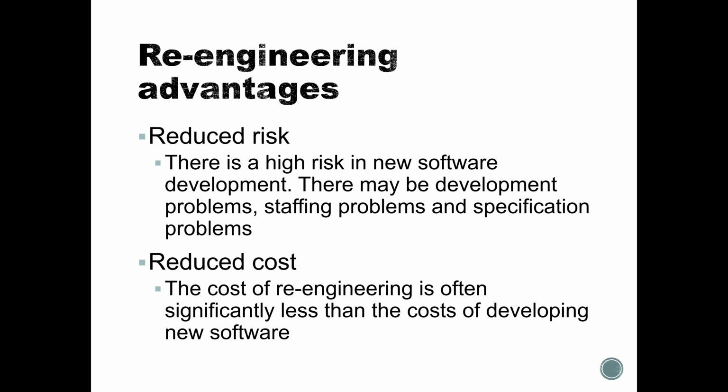The other thing is there may be development problems, staffing problems, and other specification problems if you start from the scratch. However, when you are performing re-engineering, you don't have to be worried about these things because now you know how exactly the system works.